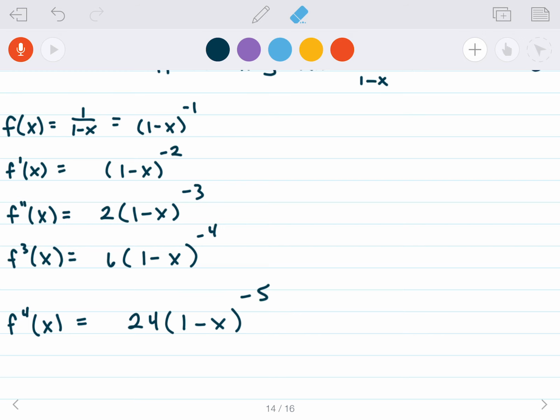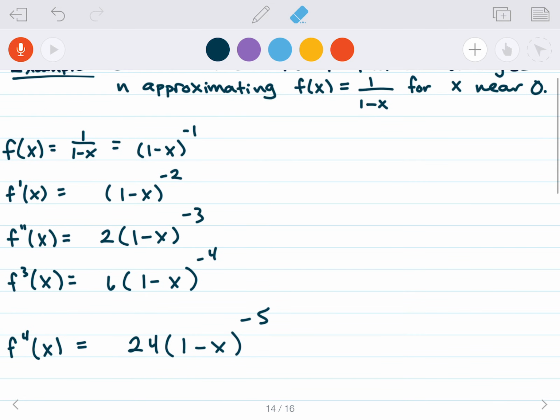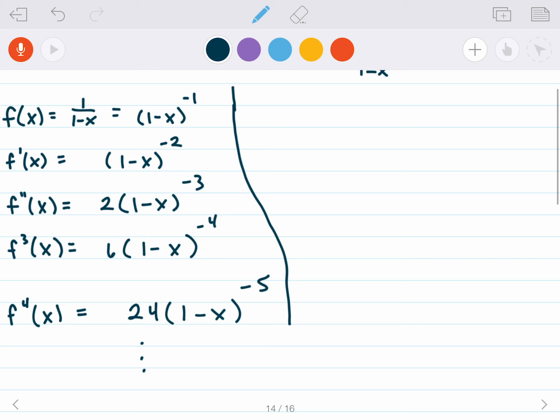Okay, so what's the pattern here? Well, we're figuring out the nth polynomial here, right?